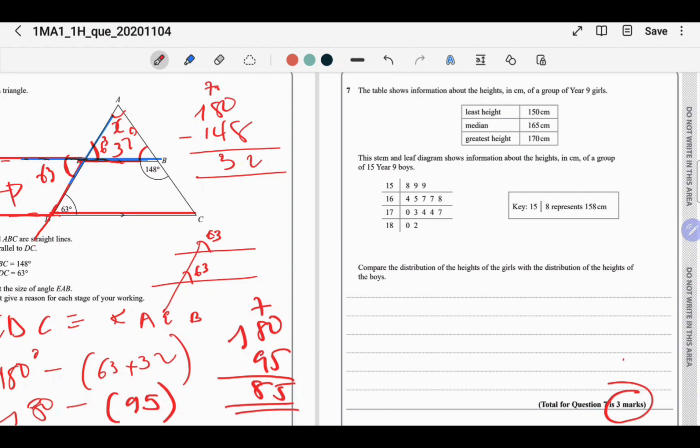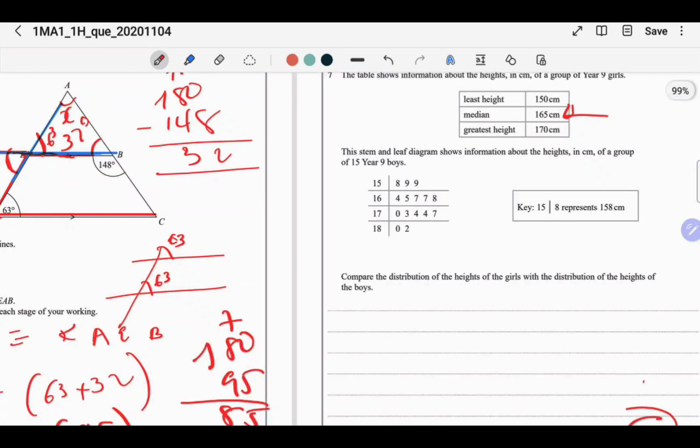If we want to compare, we can first look at the median, because the median here is 165. To get the median of this stem and leaf diagram, we need to identify the middle. There are 15 boys, so the middle is at the 8th position, because 15 divided by 2 is 7.5. We just need to count 7 on each side. So this is 158, 159, 59 again.